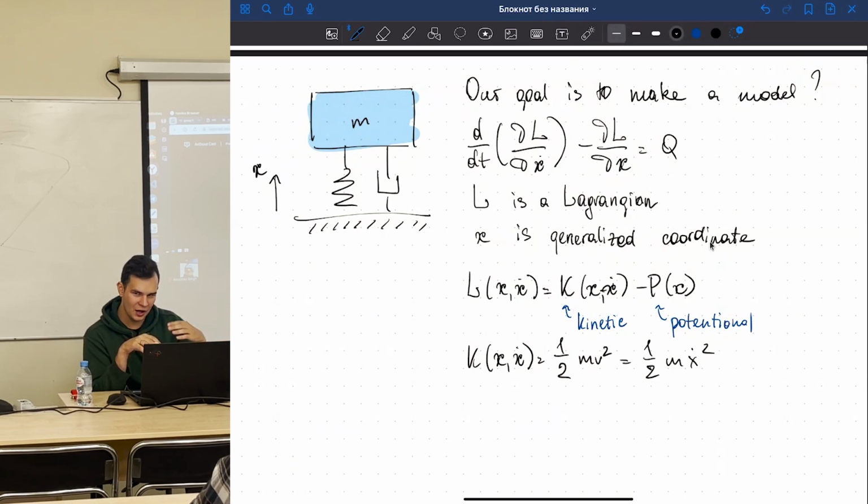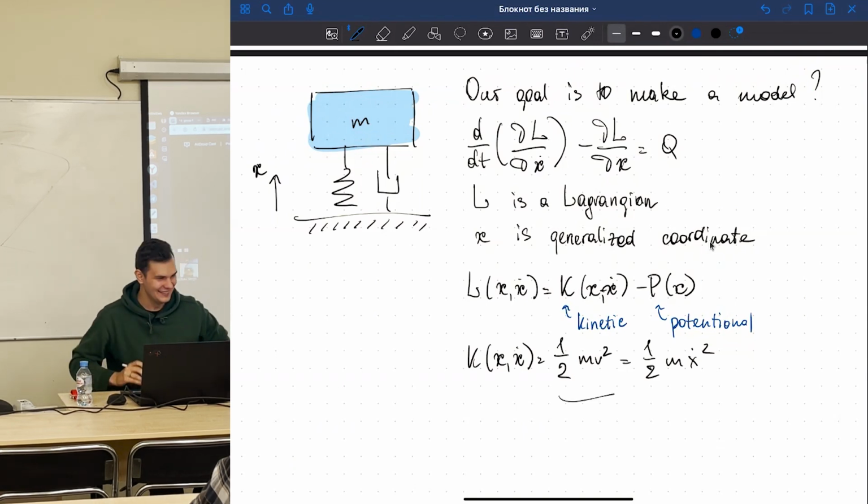His argument was that if kinetic energy is only a half of mass times velocity squared, where is the other half? So it's kind of fun.